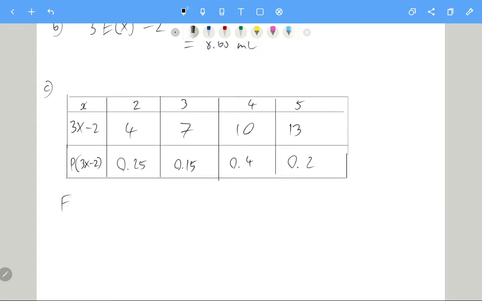So what's the expected value for 3x minus 2? Well, it's the sum of xi times pi. The xi's have all changed, but the pi's have all stayed the same.